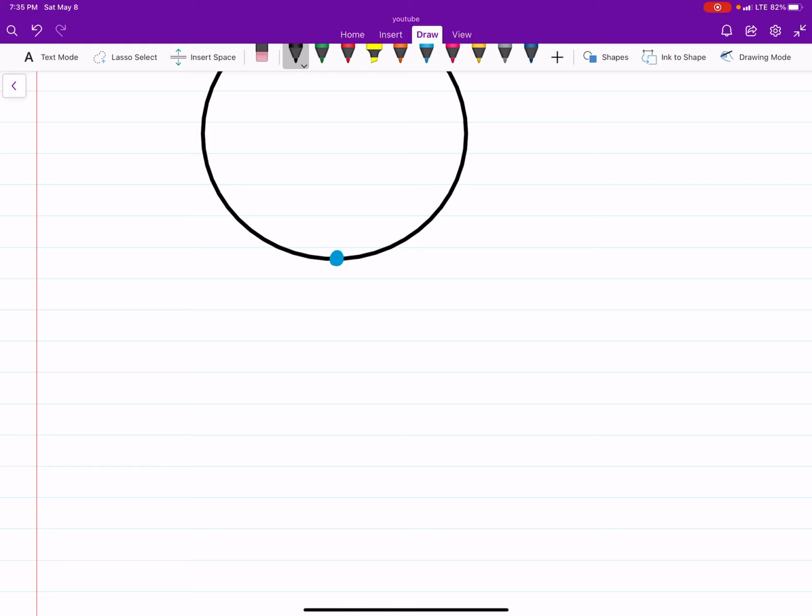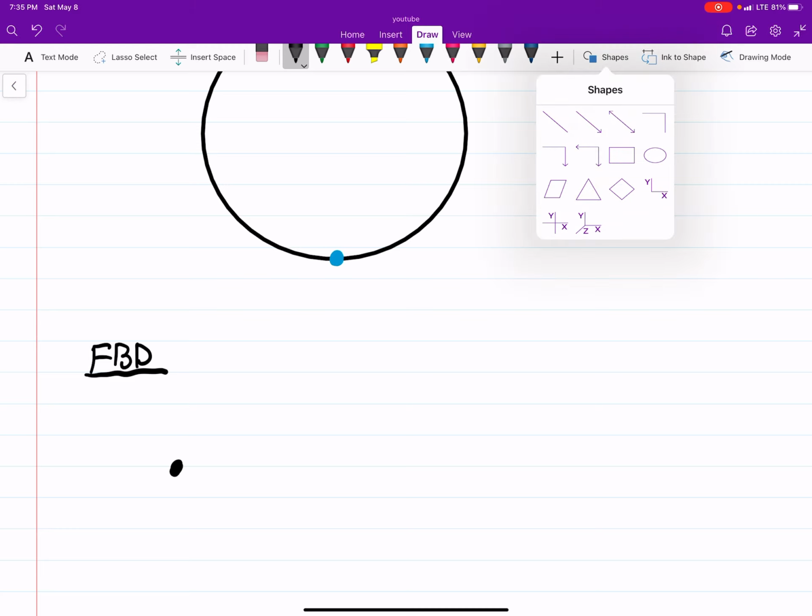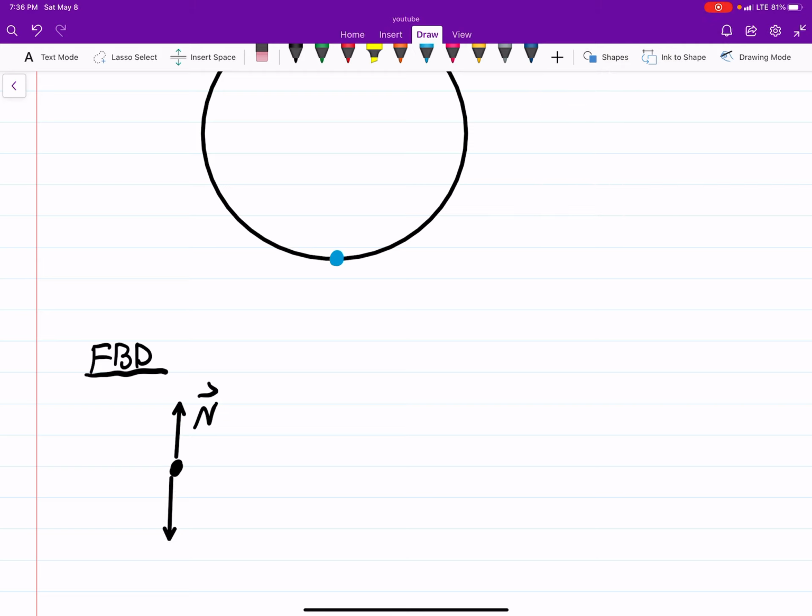And if we were to draw a free body diagram, the normal force is going to be upwards. There's going to be a force due to gravity, the weight force. It's kind of an ugly free body diagram. So we have a normal force, and we have a weight force.